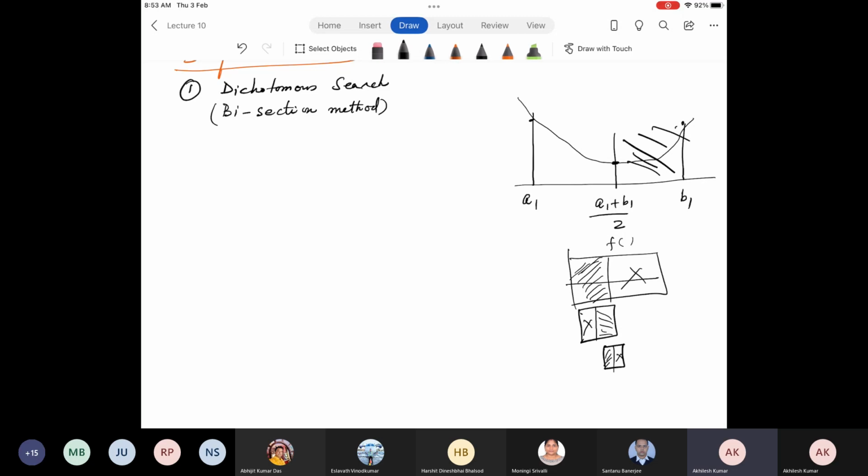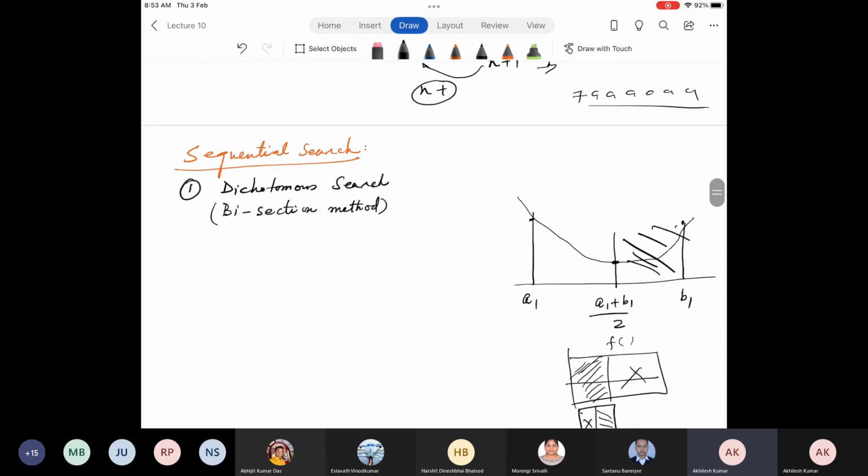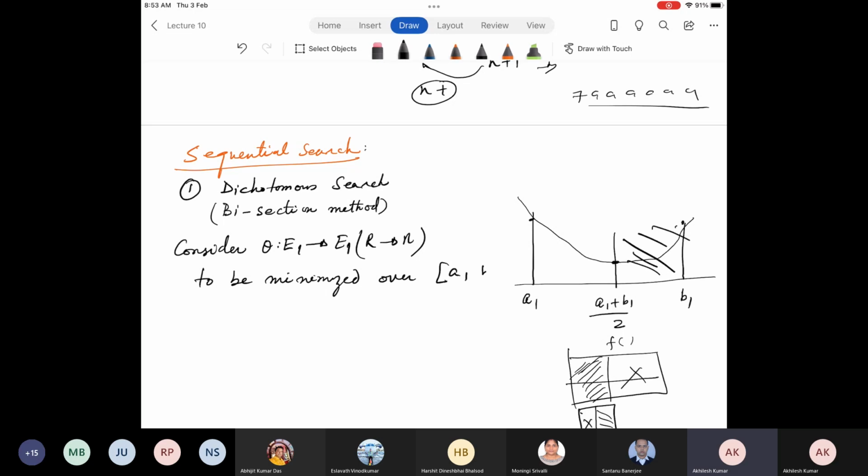But here, a few things to consider. This works really only, you can try with other functions also, but consider theta from E1 to E1, since we are working with a single variable, or R to R, to be minimized over the interval A1, B1, and theta is strictly quasi-convex.